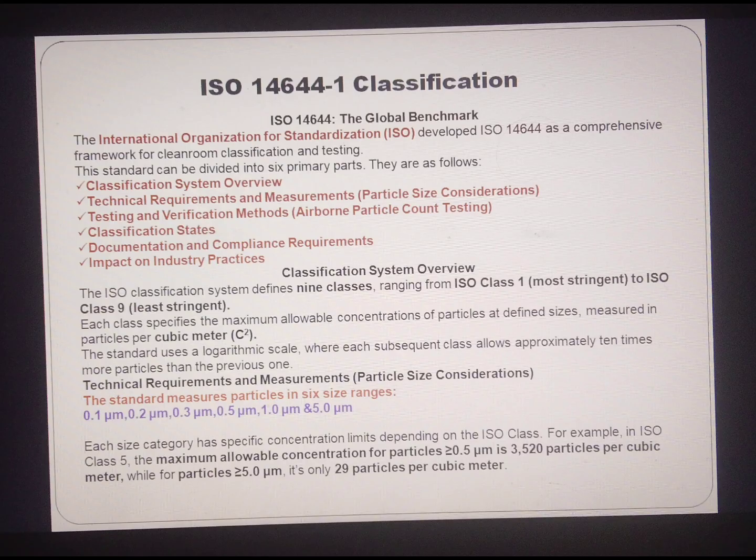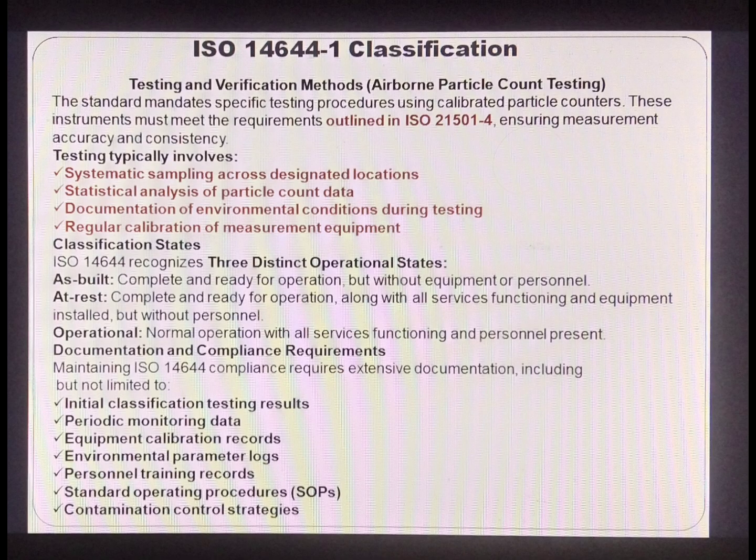Each size category has a specific concentration limit depending on the ISO class. For example, in ISO class 5, the maximum allowable concentration for particles greater than or equal to 0.5 micrometer is 3520 particles per cubic meter, while for particles greater than or equal to 5.0 micrometer, it is only 29 particles per cubic meter.